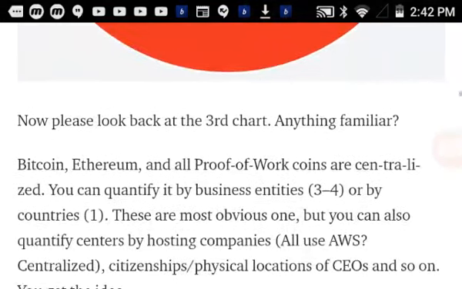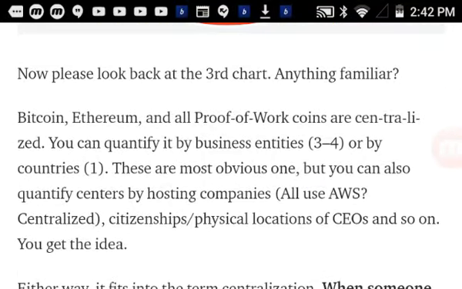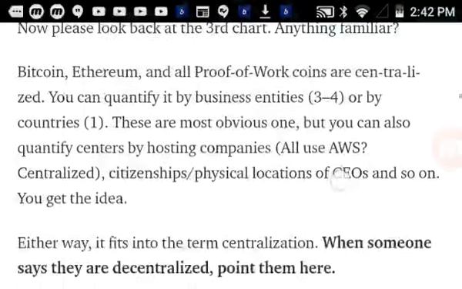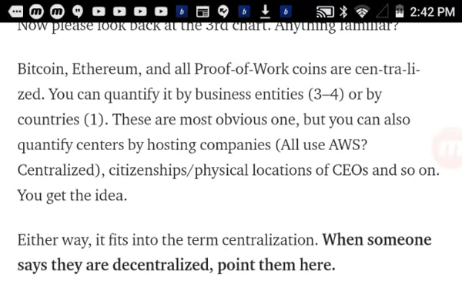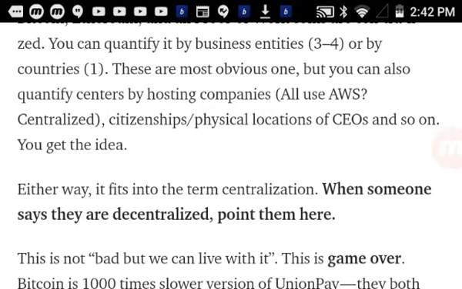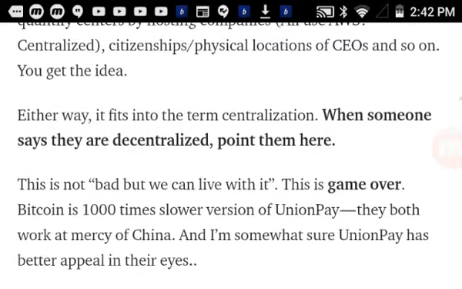Bitcoin, Ethereum, and all proof of work coins are centralized. You can quantify it by business entities, 3 and 4, or by countries, 1. These are the most obvious ones, but you can also quantify centers by hosting companies. All use AWS, centralized, citizenships, physical locations of CEOs, and so on. You get the idea. Either way, it fits into the term centralization.